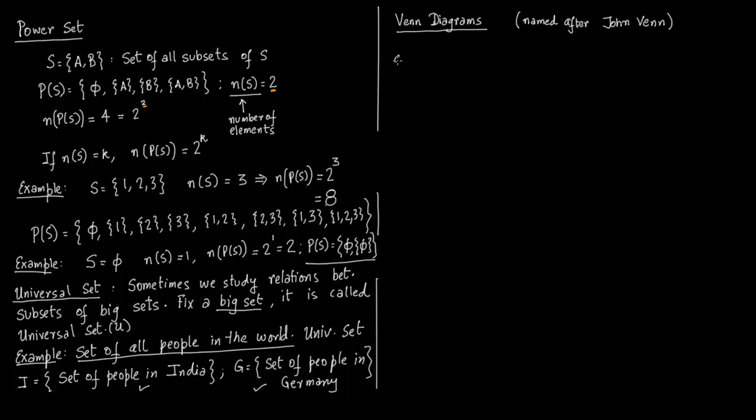The first example is very simple. You fix a universal set U containing numbers 1, 2, 3, 4, 5, and we have a subset A of this universal set consisting of elements 2 and 5.